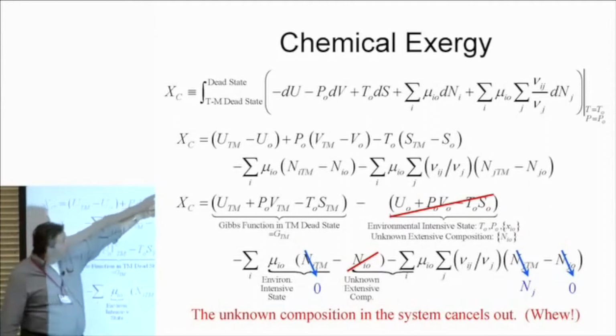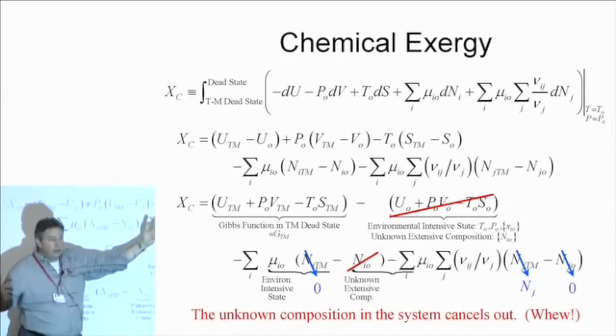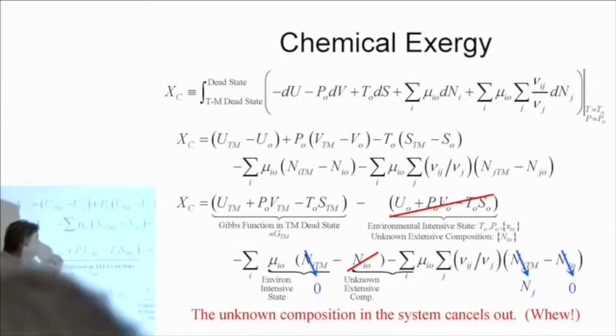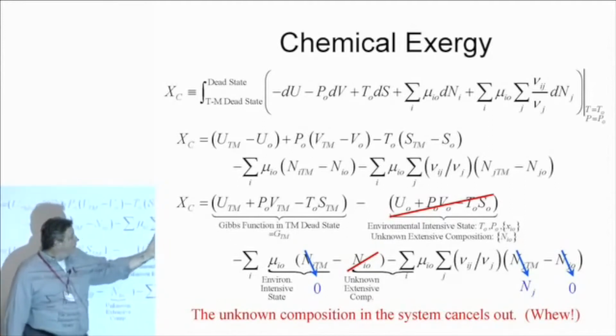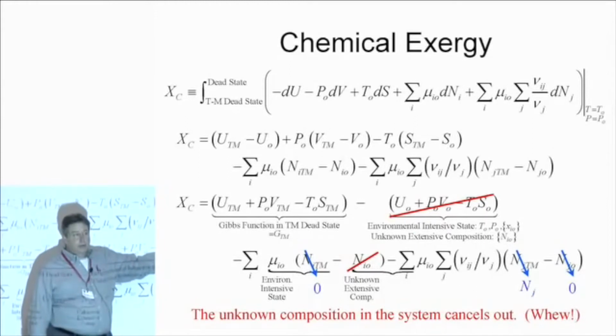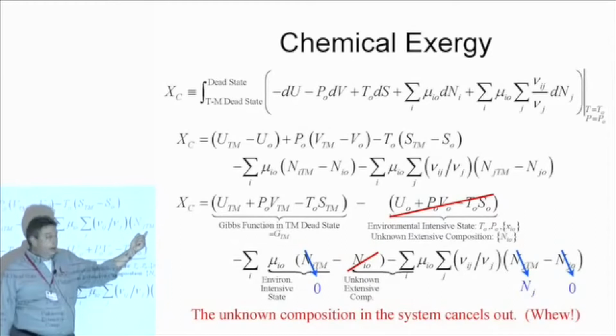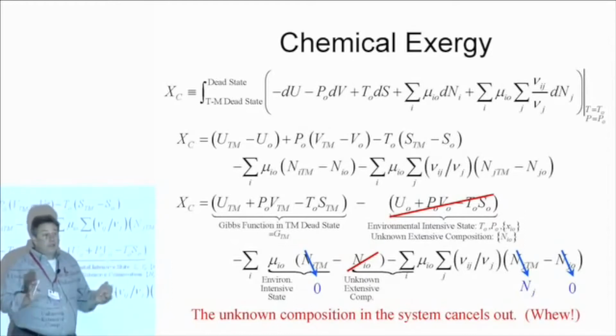Chemical potentials times the change of mole numbers. So integrate the mu_i dN_i. Same thing down here, mu naught, stoichiometric coefficients, and the difference in mole numbers. Okay? Mole numbers that I have of the species j in the thermomechanical state versus what's left over after all this is done.